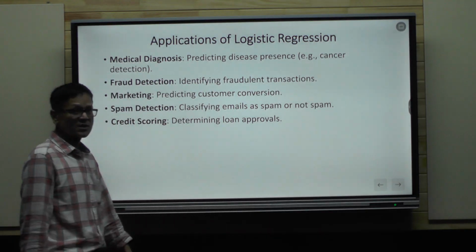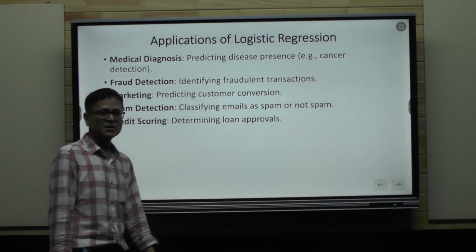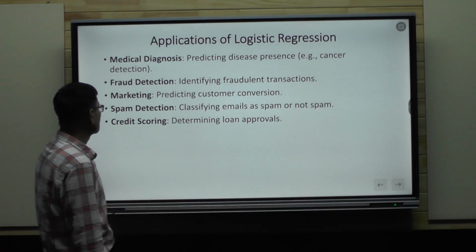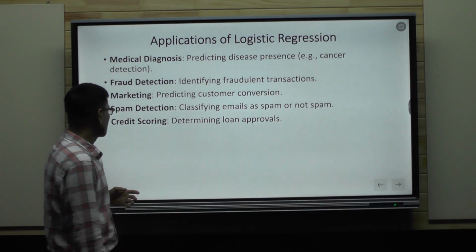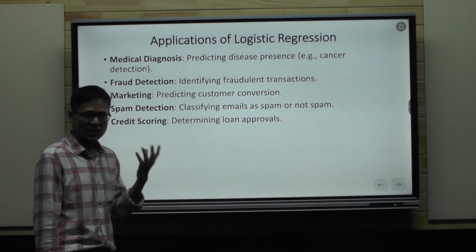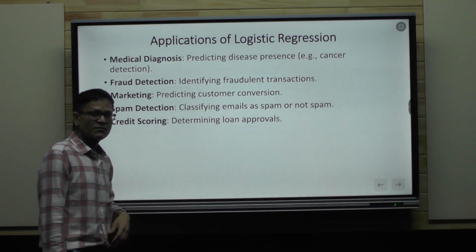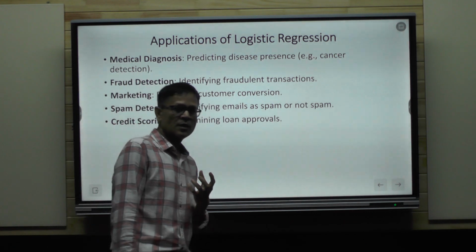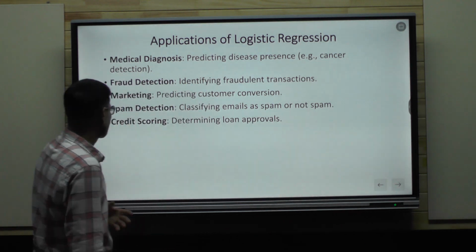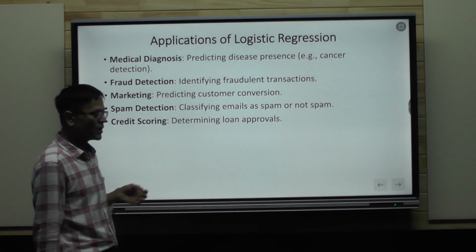So, applications of logistic regression. Medical diagnostics: you can predict whether your patient is suffering from a disease or not. Fraud detection, like fraudulent transactions, the cyber frauds. Marketing: you can predict customer conversion, the target class, etc. Spam detection: you can filter out your emails.